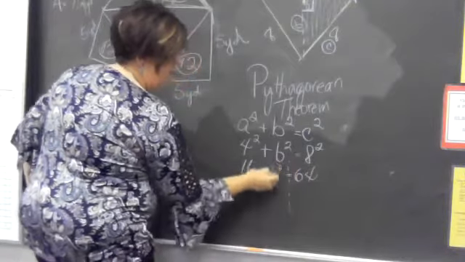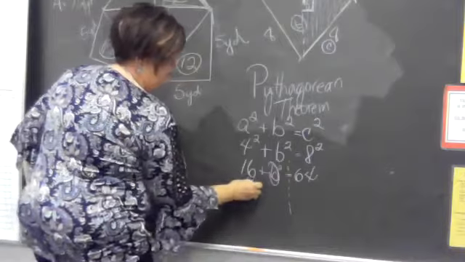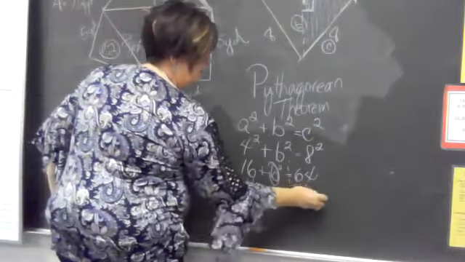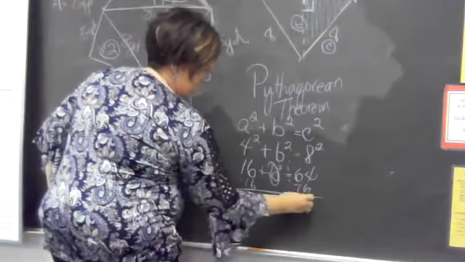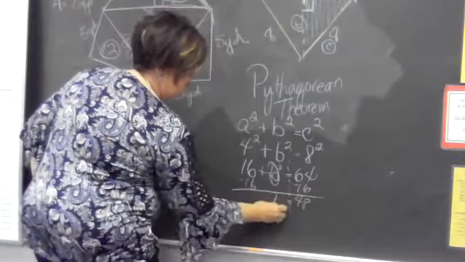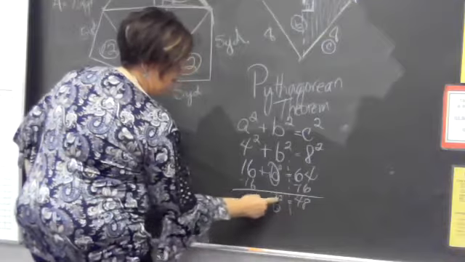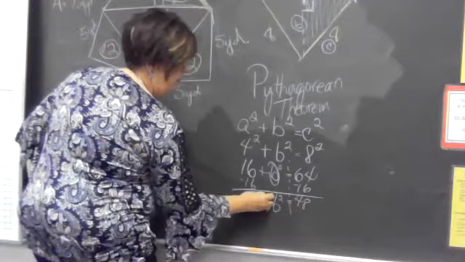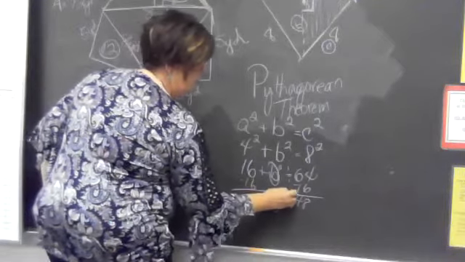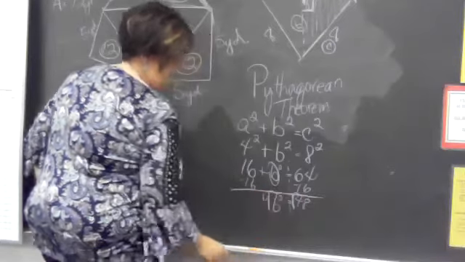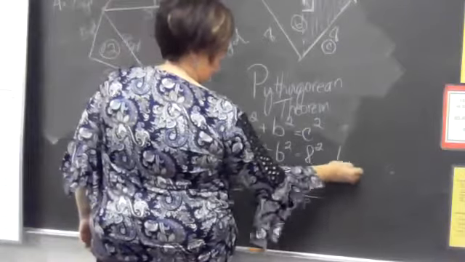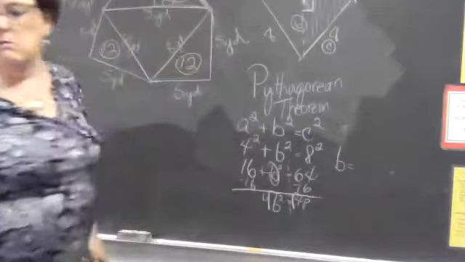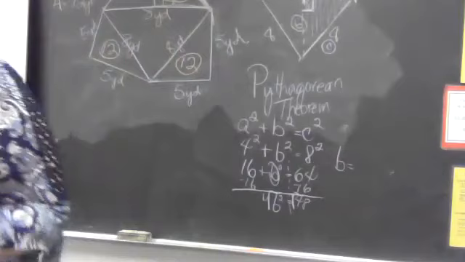Now we're going to solve for b. I want to subtract 16, so we've got 48 equals b squared. To get rid of the squared, I have to square root both sides. So b equals the square root of 48.